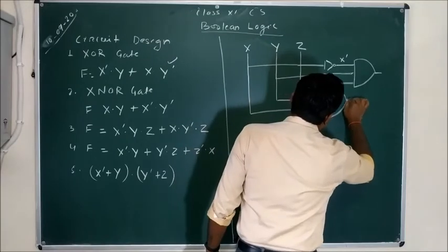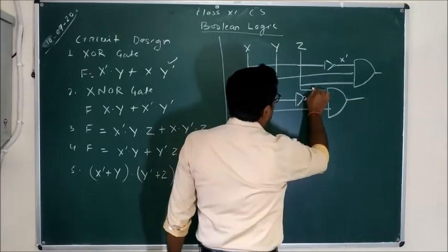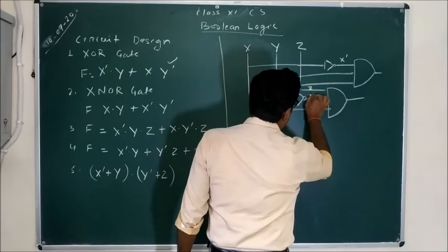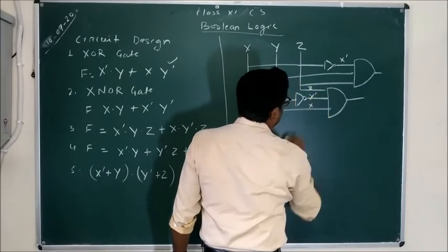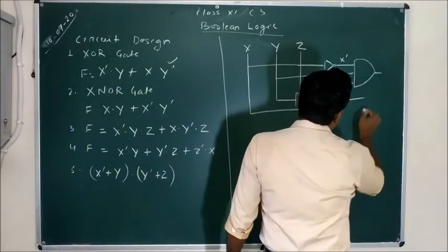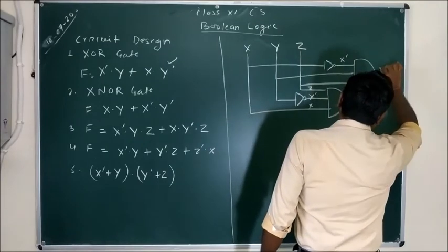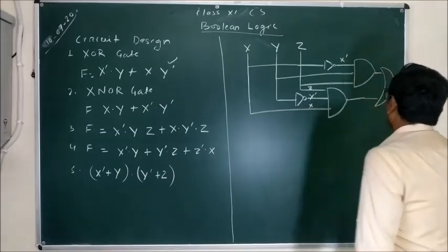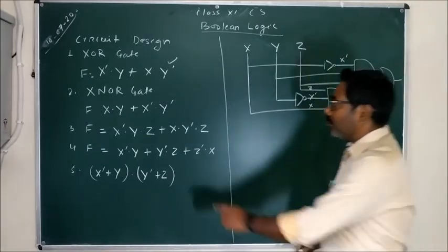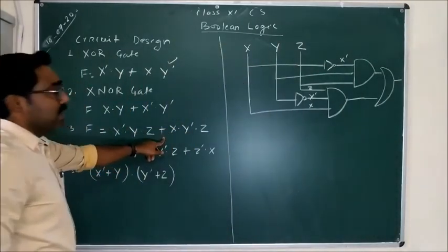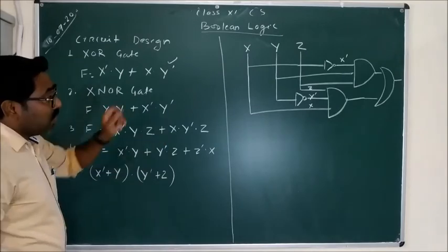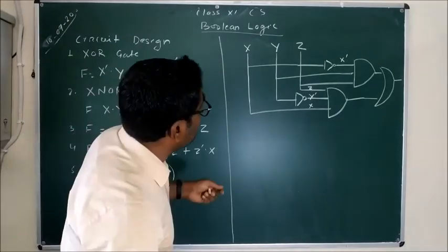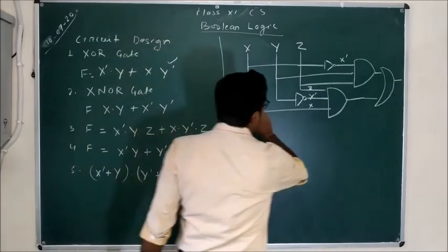Now here we have, this is z, this is y dash, this is x. So here both the outputs are passing through an OR gate. So that will have this plus operator over here. Okay, so this is the way of solving or designing a circuit having 3 variables.